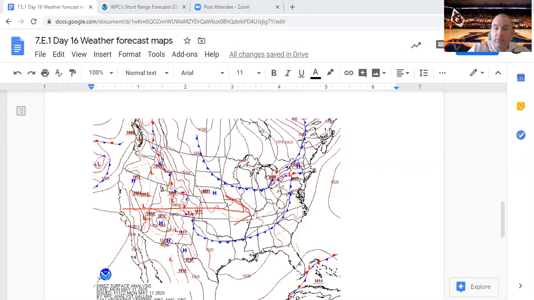Everything travels this direction around lows, counterclockwise. Now a high, things travel clockwise around. See these high pressure systems, air flows around this way.